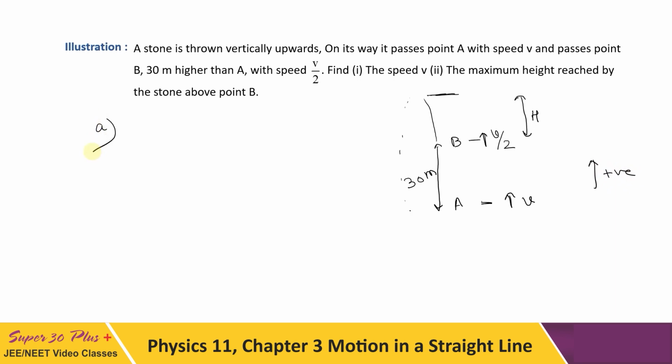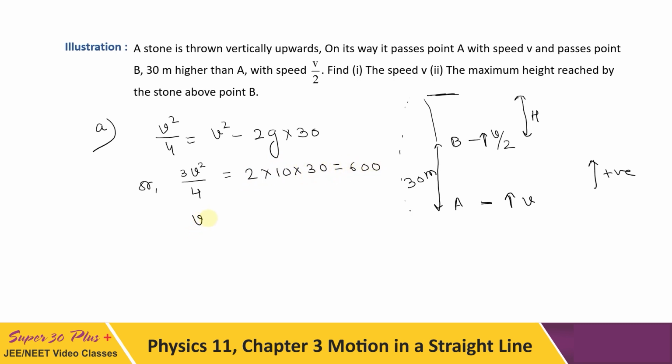I am writing the equation between the points A and B, A being the initial point and B being the final point. So I can write the final velocity, that is v square by 4, is equal to the initial velocity v square minus 2g into the distance between these two, which is 30. Solving, v square into 3/4 is equal to 2g, that is 10 into 30, that is 600.